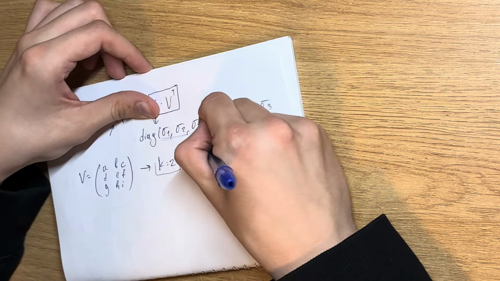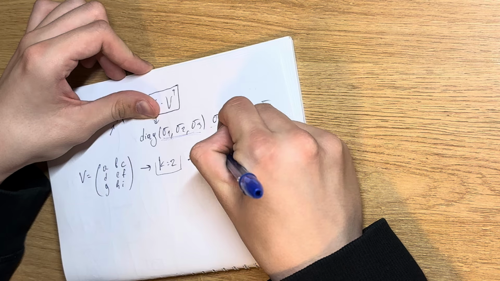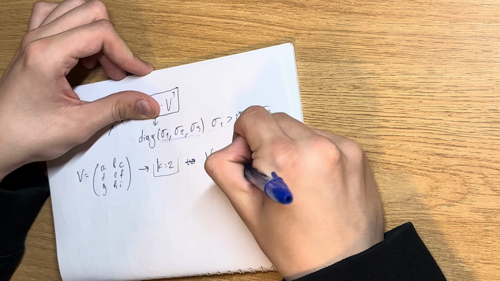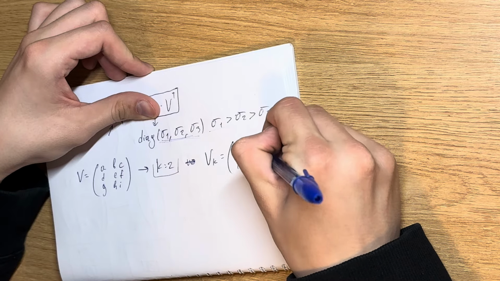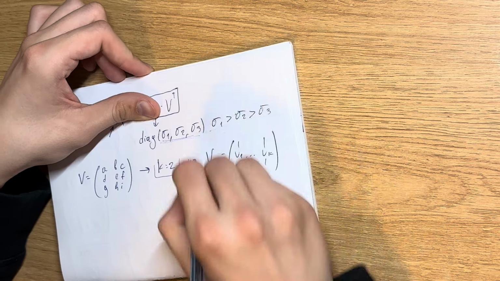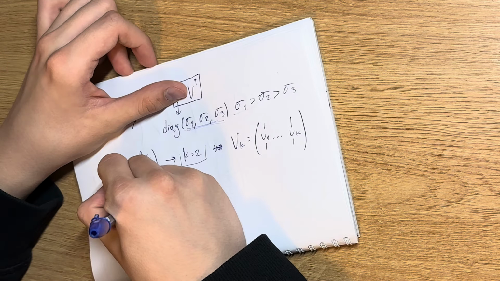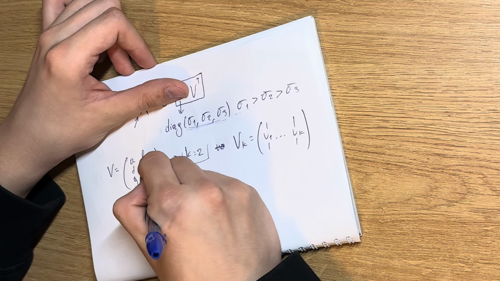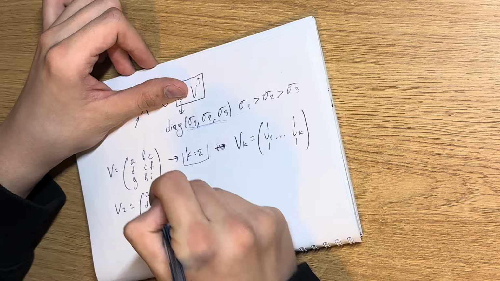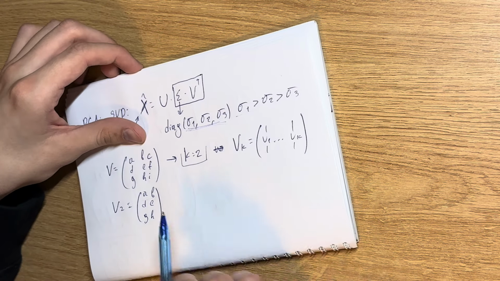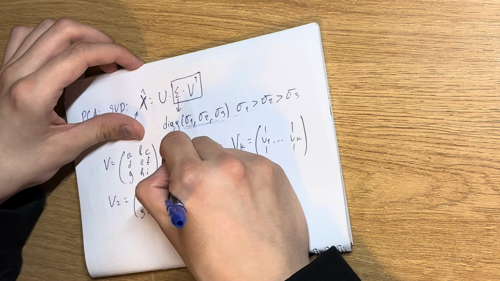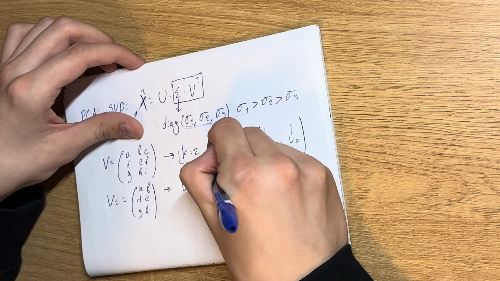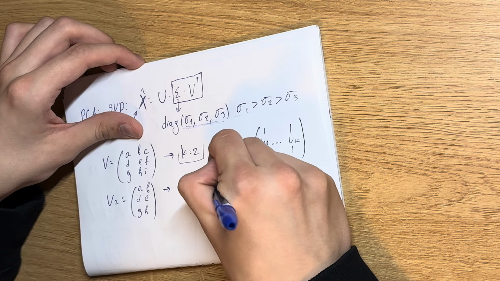We define V_K, which contains vectors V1 up to VK. So in our case, V2, because K is 2, is equal to A, B, D, E, G, H. Then we transpose it, so V2 transposed is equal to A, D, G, and B, E, H.